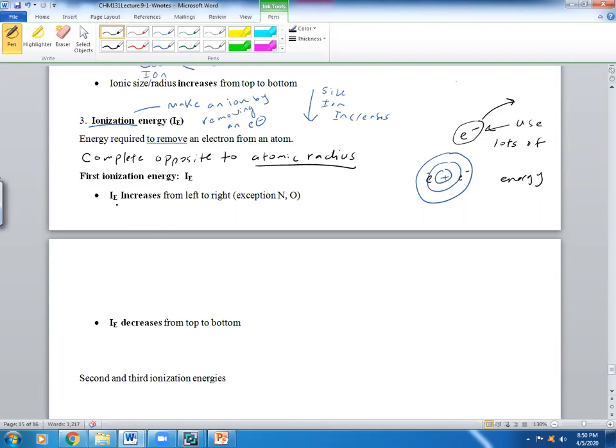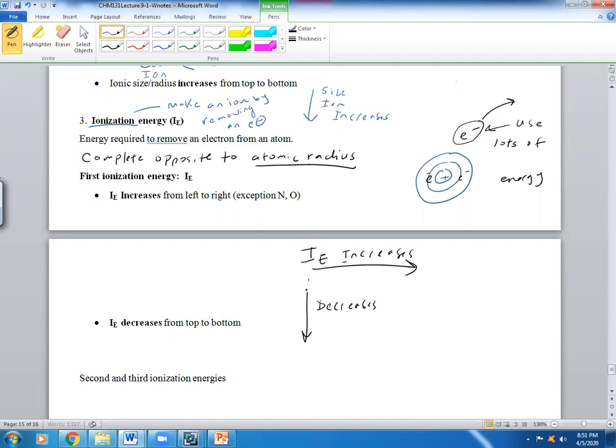So the ionization energy increases from left to right. There's some exception. And the ionization energy decreases from top to bottom. IE stands for ionization energy. It increases across, but it decreases from top to bottom.